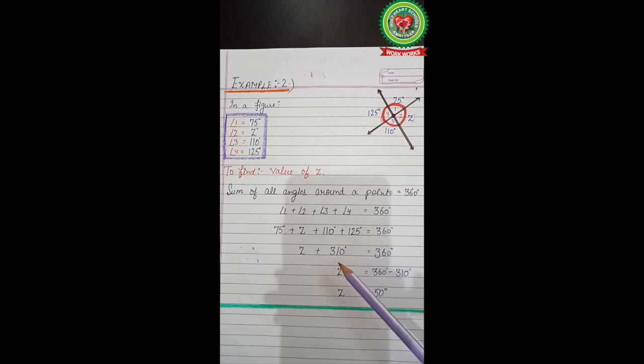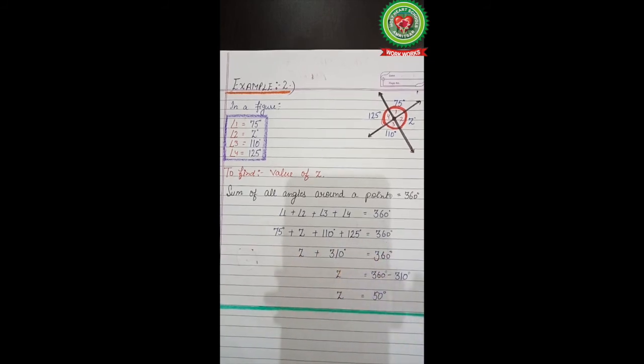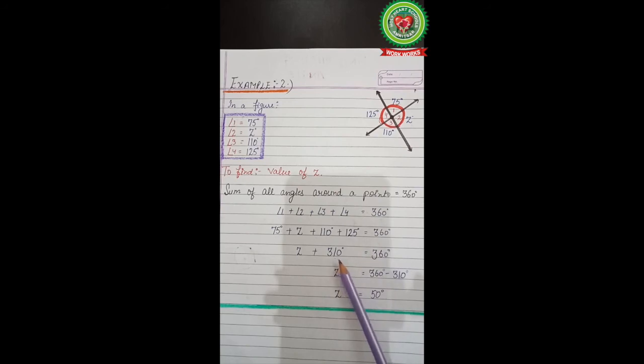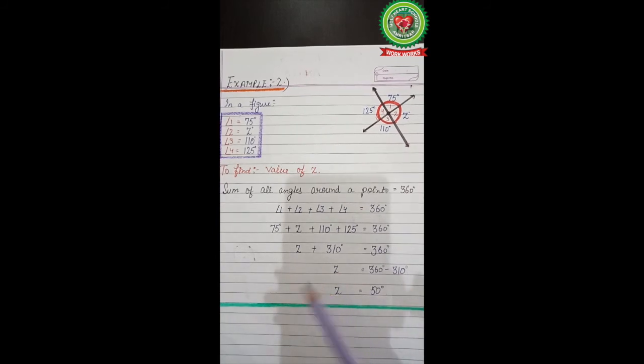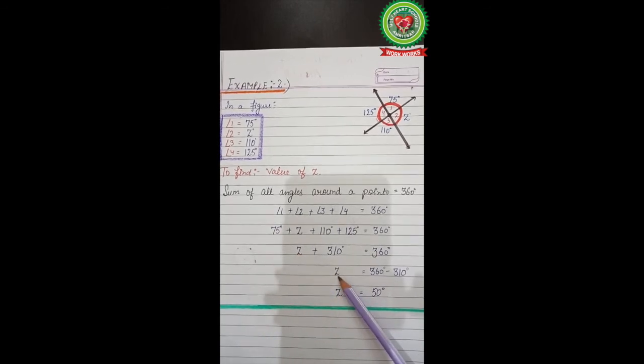So what you will do here, you will add up all these angles and shift to the other side. By adding 75 degrees, 110 degrees and 125 degrees, you will get 310 degrees is equal to 360 degrees. Now, to find this value, you will write Z as it is on the left hand side.